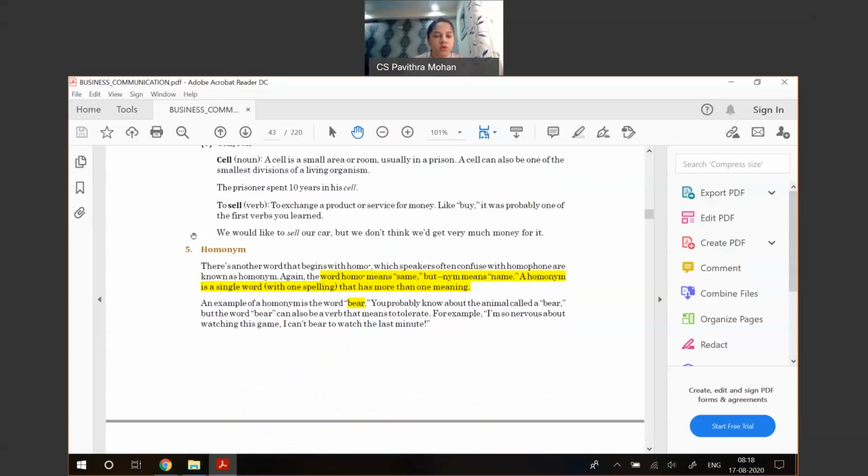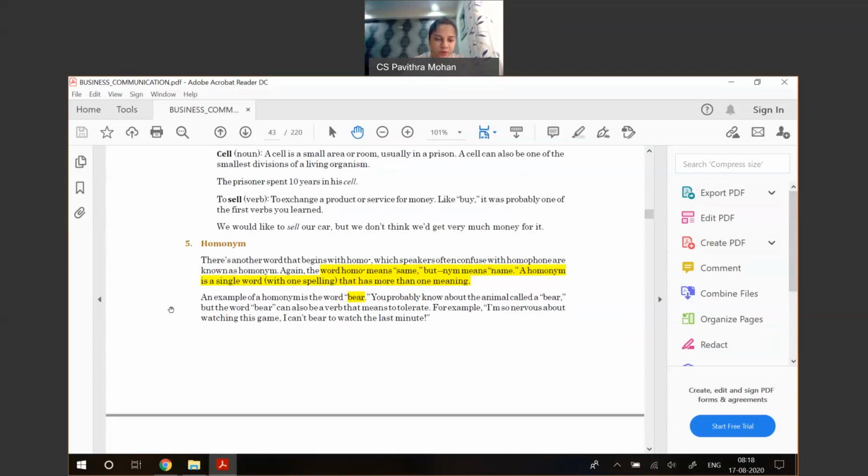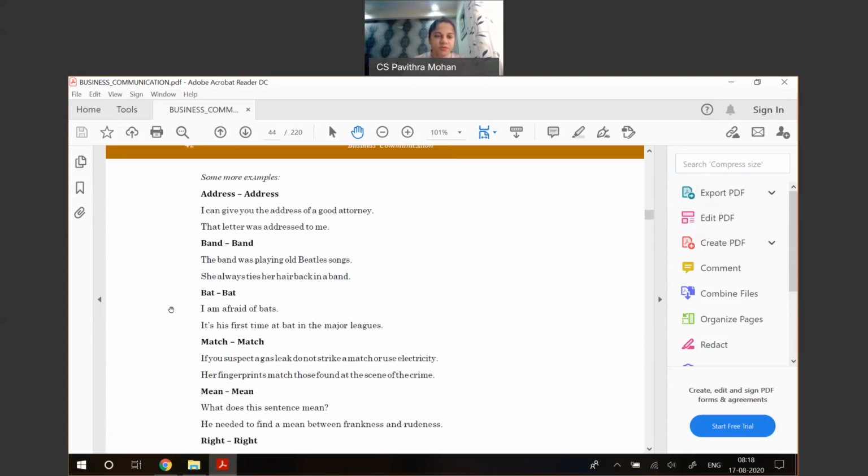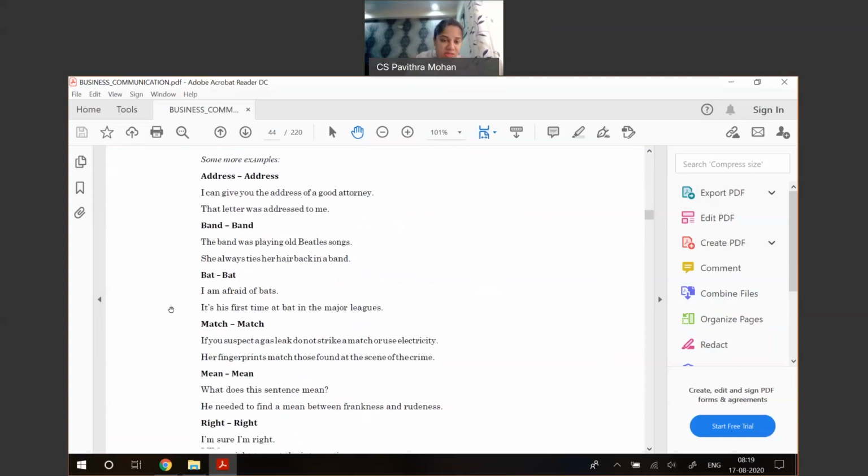Then you have homonyms. Homonyms are words that are the same, but based on the usage, the meaning will differ. For example, address: I can give you the address of a good attorney. This is the address of my place. So address differs in two contexts. Then you have band: a hairband, and a music playing band. Bat: the animal bat, and the cricket bat.